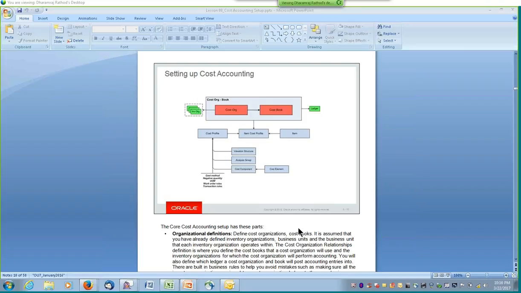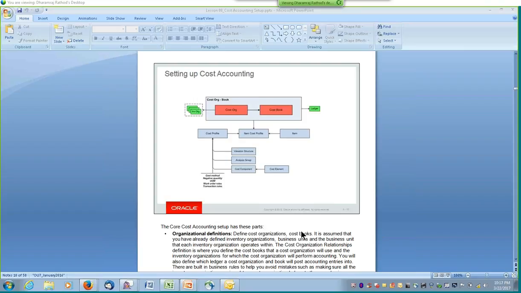If I club multiple inventory organizations to one costing organization, then the cost will be controlled at the BU level, right? No. The cost method you would associate in the context of the cost organization, cost BU, and cost book, and it could be at the item category level, or for that matter at the item level, and it could be at the inventory organization level.